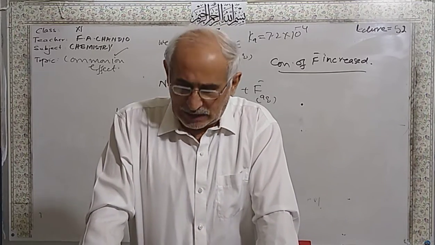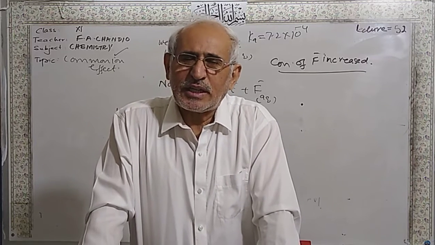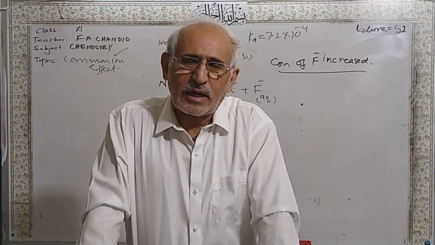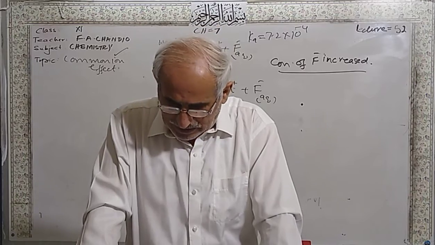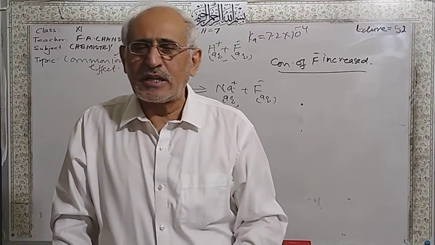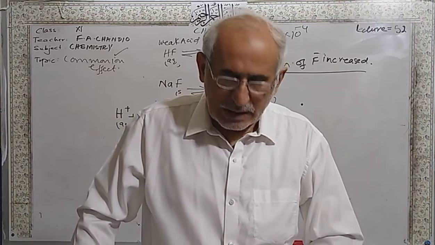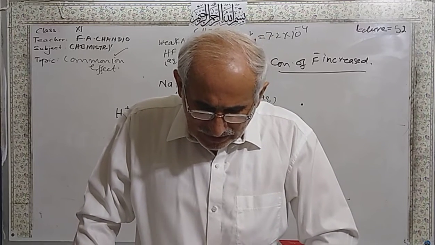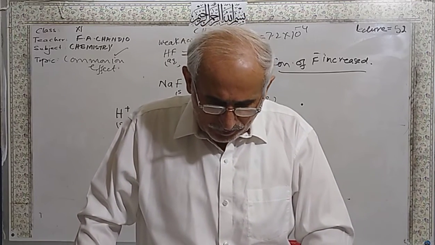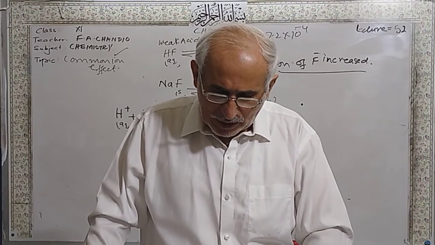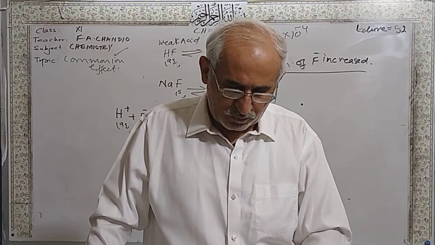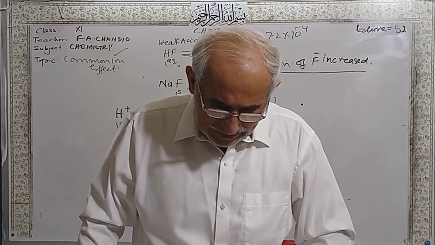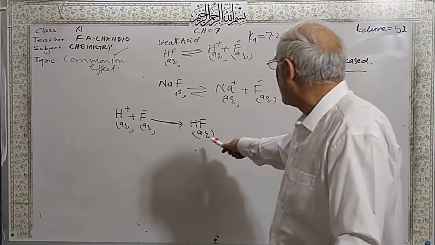Since hydrogen fluoride is a weak electrolyte, it slightly dissociates into hydrogen and fluoride ions. Sodium fluoride, being a strong electrolyte, breaks up 100% into sodium ions and fluoride ions. The common ion is fluoride, which upsets the equilibrium according to Le Chatelier's principle. This increases the concentration of fluoride ions, so the equilibrium shifts towards the left. This decreases the dissociation of hydrogen fluoride.